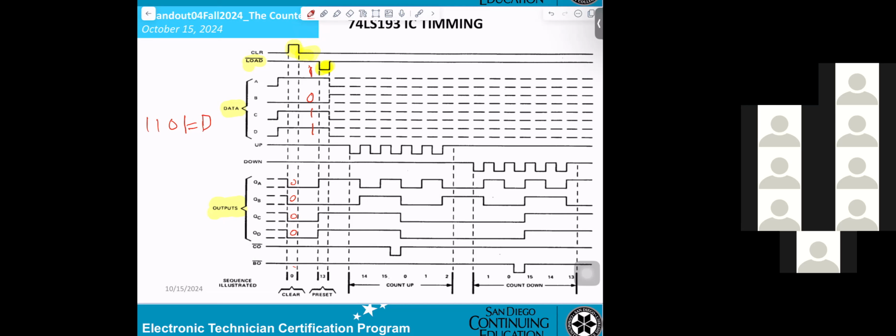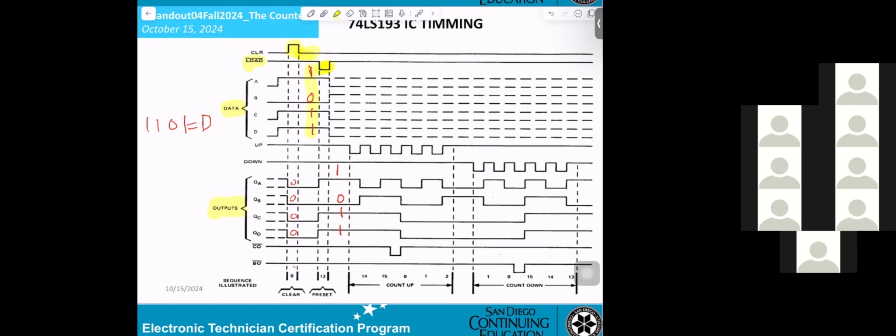Now, when the clock goes low, then the output will be the same thing: 1, 0, 1, 1. That will be telling you, you get here 1, 0, 1, 1.